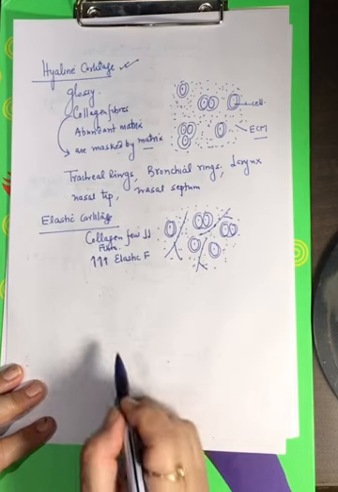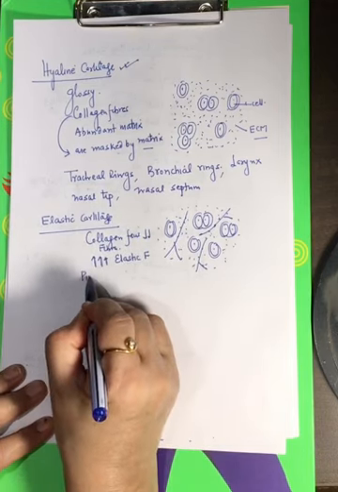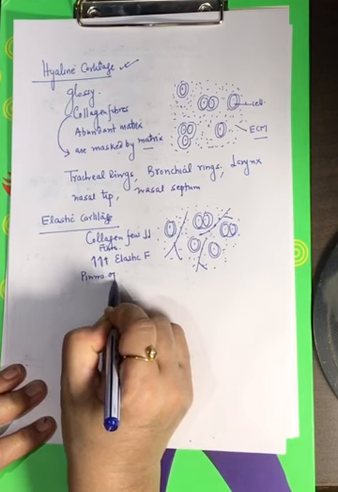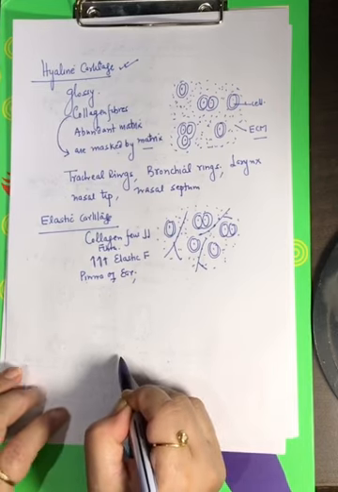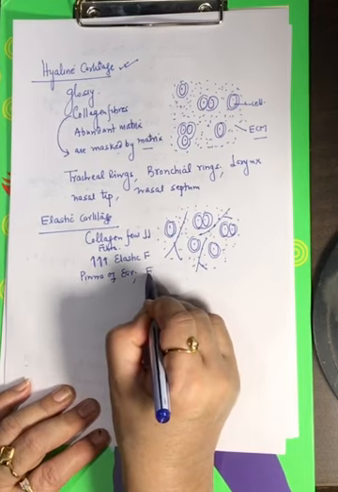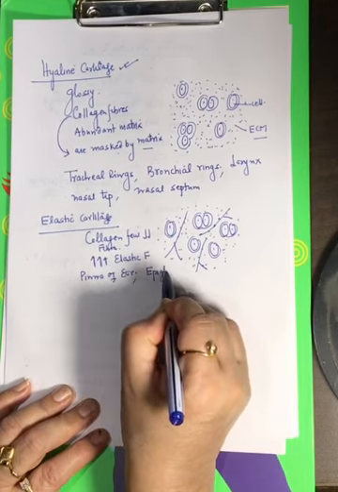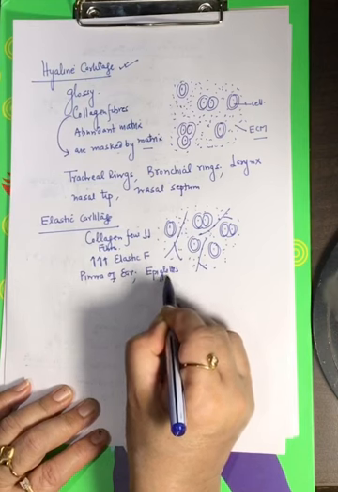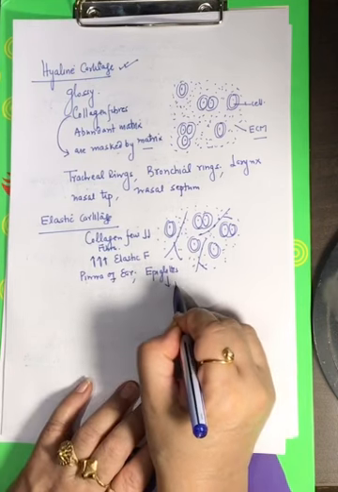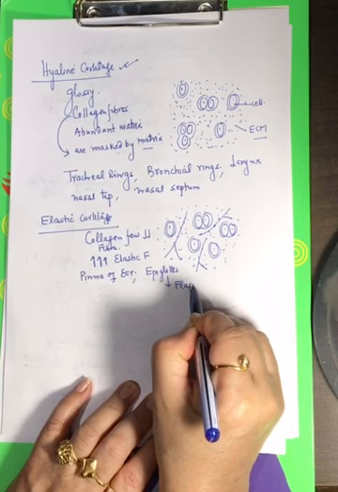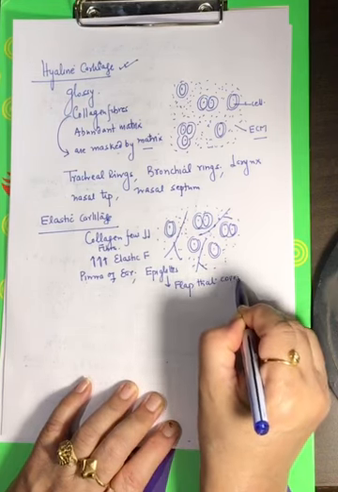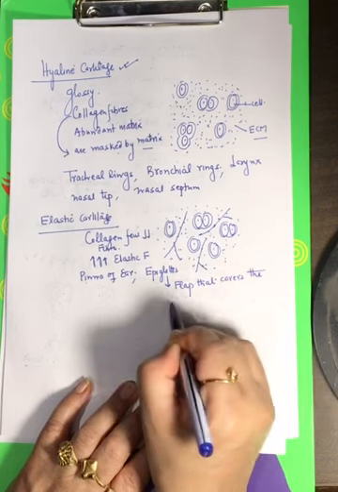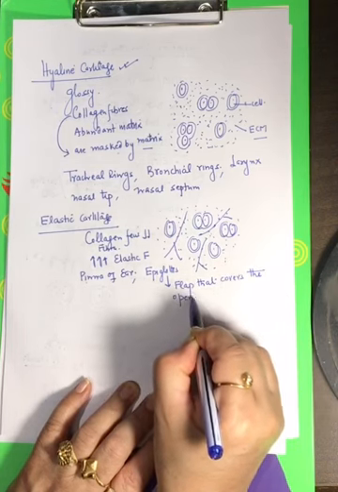And where will you look for it? The pinna of ear, right? And then the epiglottis. What is the epiglottis? Epiglottis is a flap that covers the opening of larynx.